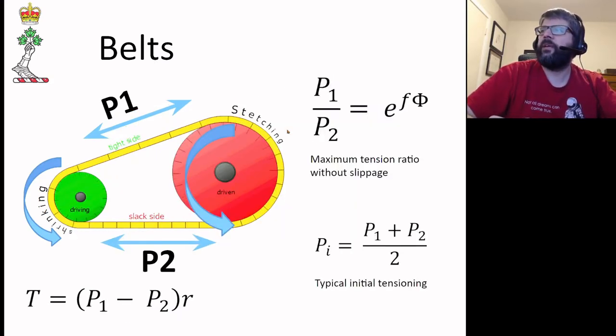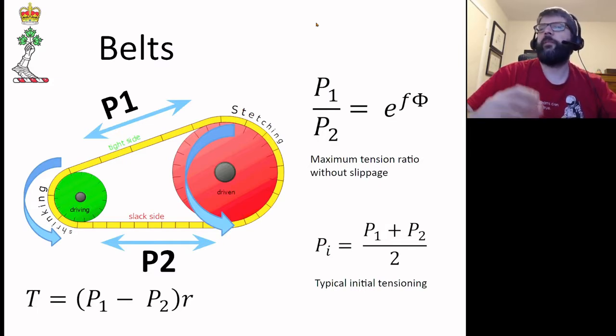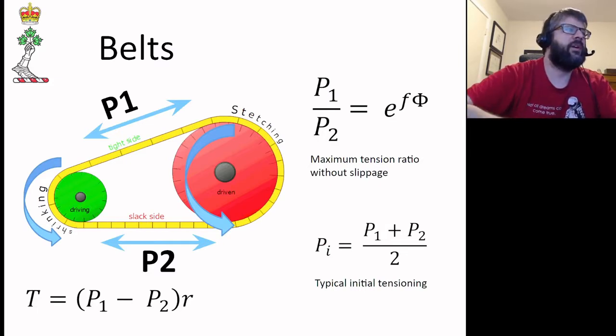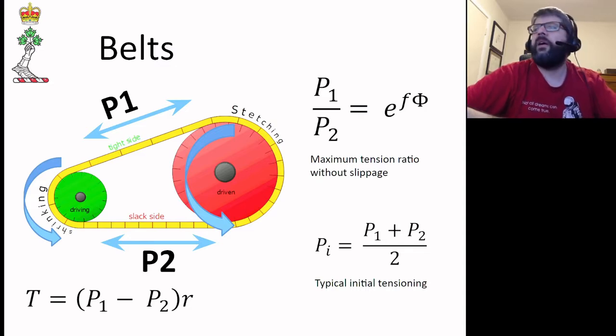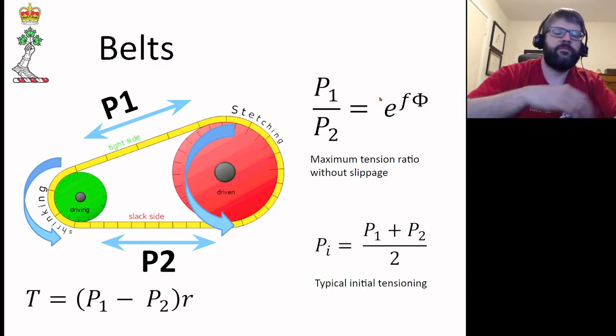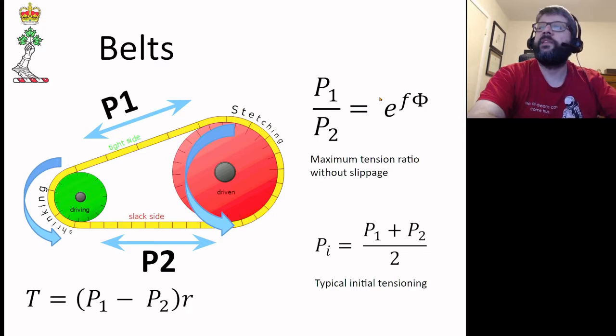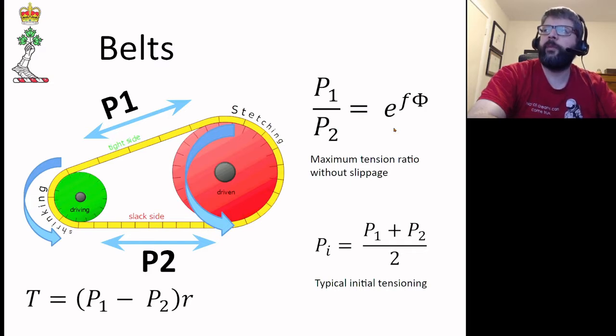We've also got a limit on the maximum ratio between those two sides. So basically, P1 divided by P2, the maximum ratio there is e to the f phi.